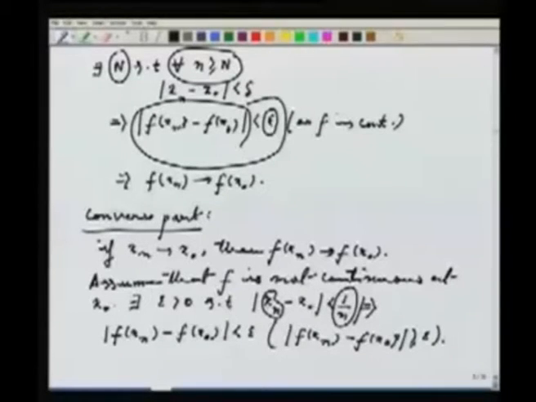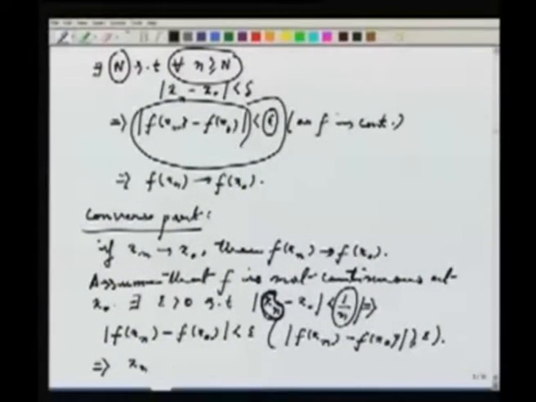Corresponding to this delta, there exists an x which I am calling xn. Okay, so this is how I get a sequence at least. And notice that the sequence xn converges to x naught. This implies xn converges to x naught. But then by my assumption, this implies f of xn converges to f of x naught.